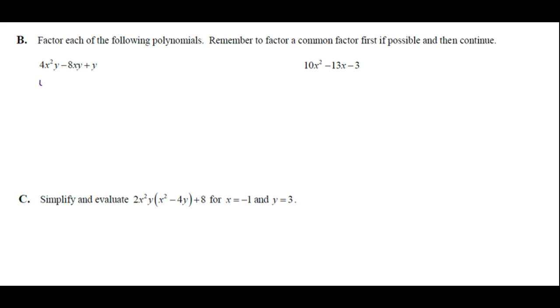So we're going to go y, put down a bracket, and say, okay, if I take the y out of 4x squared y, what do I get? 4x squared. If I take the y out of 8xy, what do I get? 8x. If I take the y out of y, what do I get?